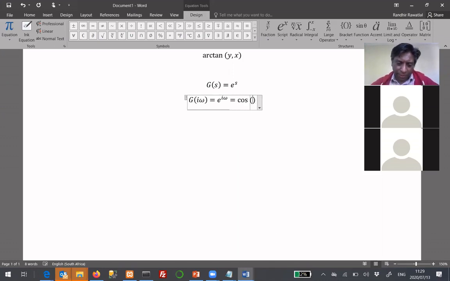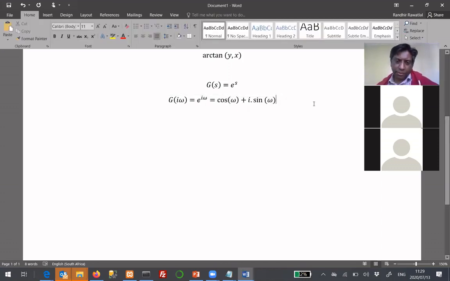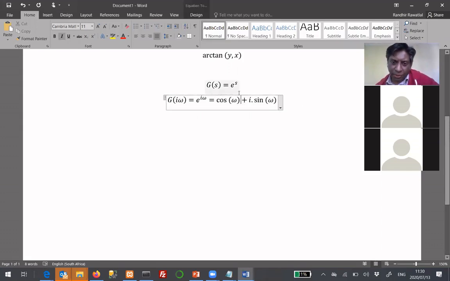So the real part is cos of omega plus I sine of omega. It's a direct application of Euler's formula. The real part is cos of omega and the imaginary part is sine of omega. Just have a look at your Euler's formula and you'll see that's true.